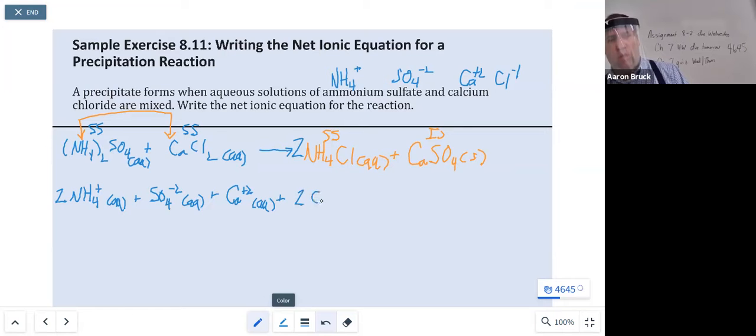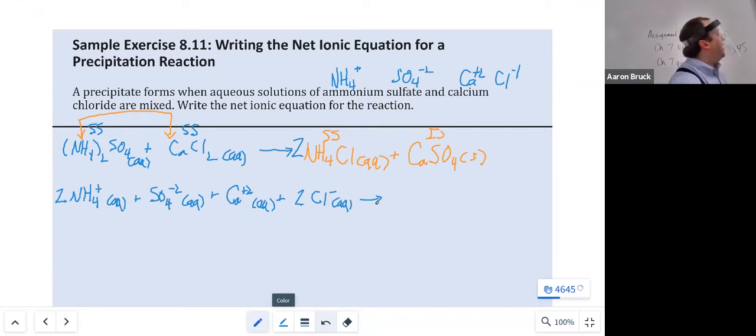It's 2 chloride ions in the aqueous phase. So that covers when I have balancing subscripts. That is, subscripts that are there to help balance the chemical formula in terms of its charge. Notice, I didn't do anything with the 4 here in the NH4. That's part of that ion. I didn't do anything with the 4 here in the sulfate ion. That's part of that ion. The only one that I moved to the outside was this one on the outside.